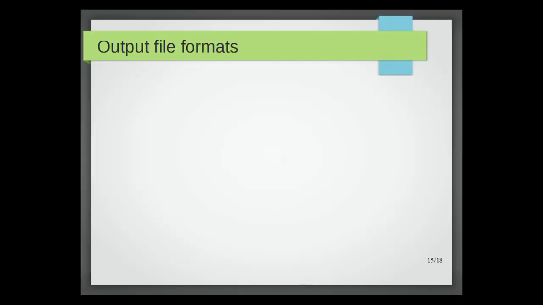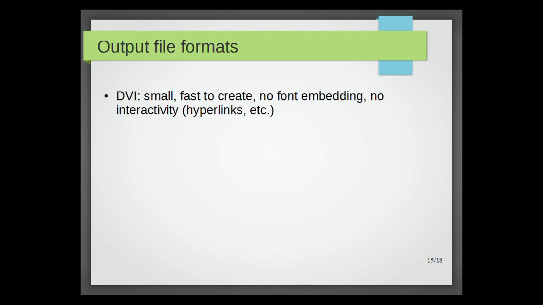Regarding output file formats, we have already mentioned that LaTeX documents can be output in two different ones, DVI and PDF. DVI, which stands for device independent, is small and fast to create, but it has some limitations. In particular, it supports no font embedding and no interactivity such as hyperlinks.